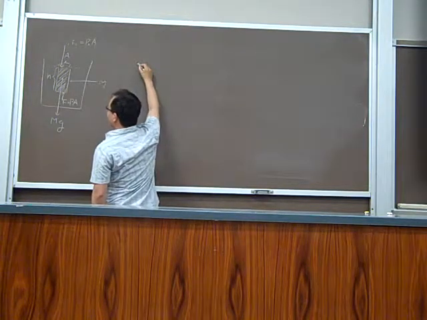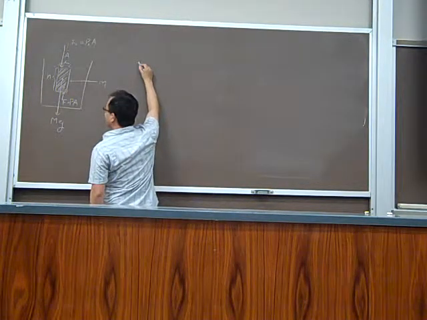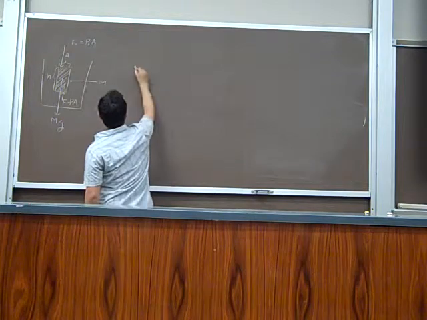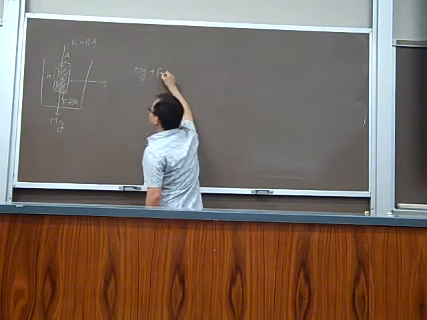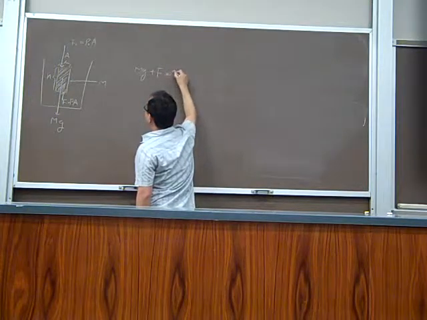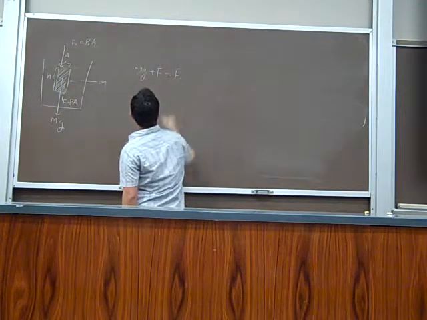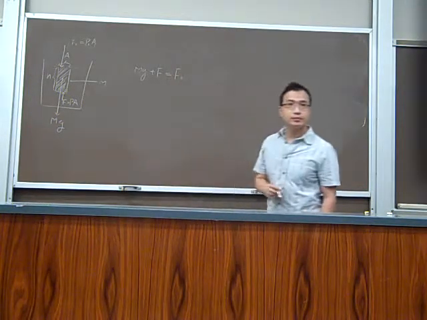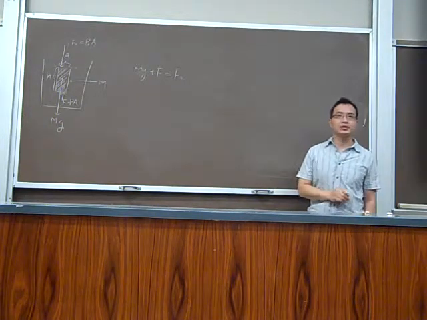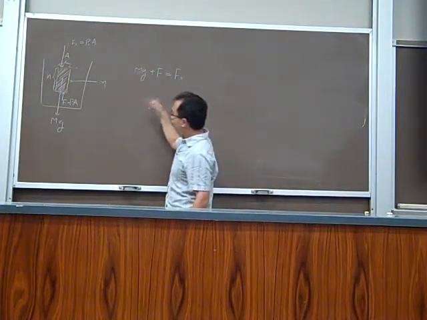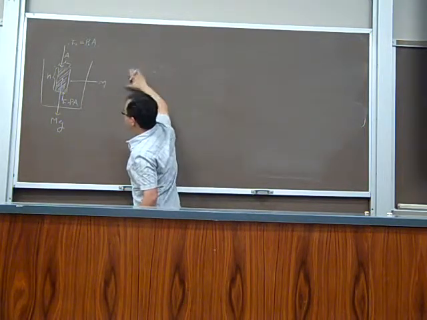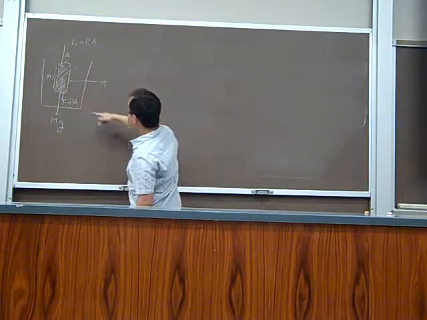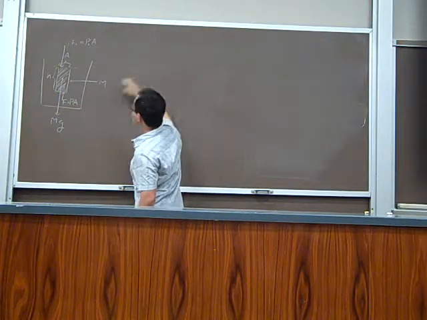So you should have mg, plus F equals F naught. Right? The three forces should cancel each other. Oh, sorry. Wait a second. This is downward force. This is upward force, downward, downward.